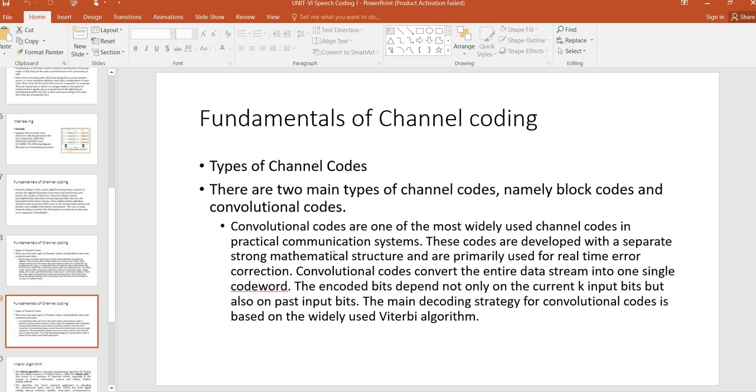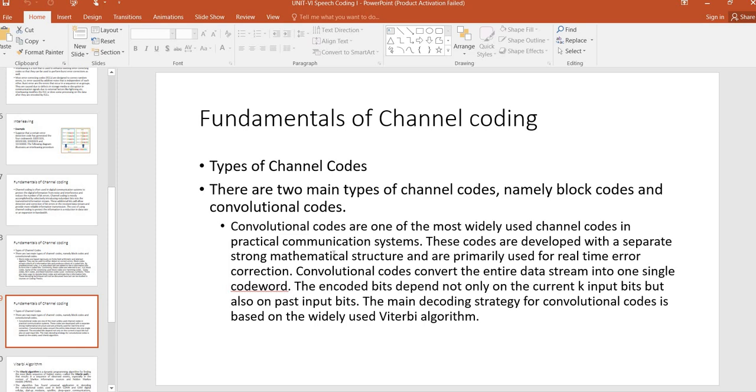The next one is the convolutional code. Convolutional codes are one of the most widely used channel codes in practical communication systems.